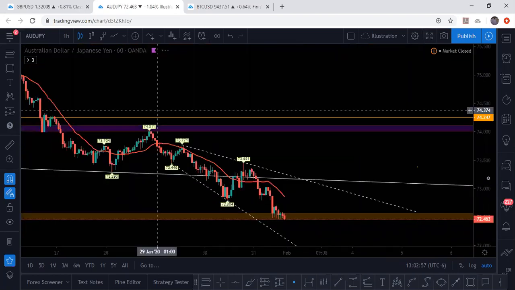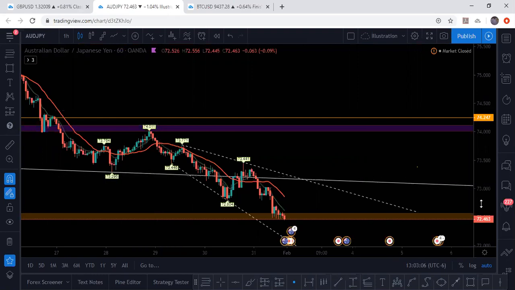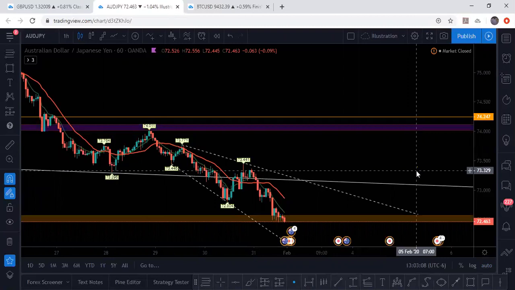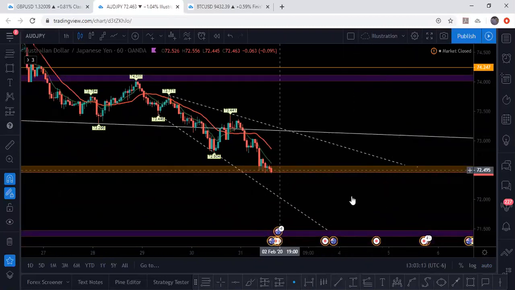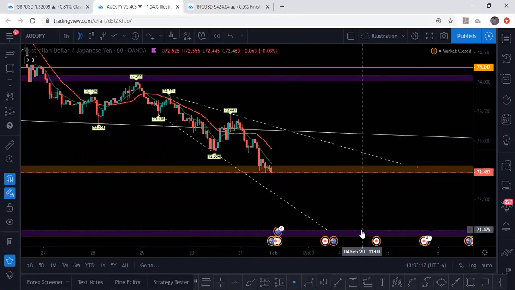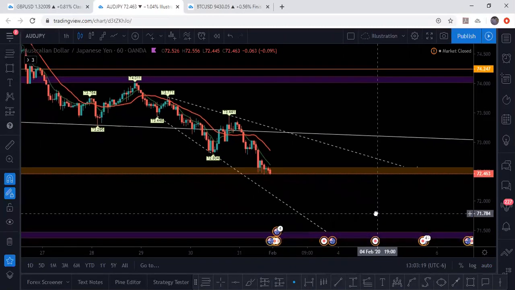For AUD JPY, I think AUD JPY specifically will still go down some more. And for that, this is what I see. Once this brown is broken, I'm looking at a sell up onto this purple zone.